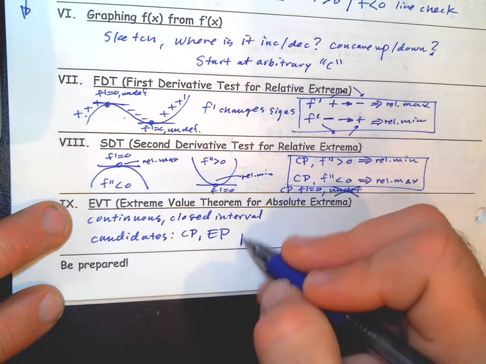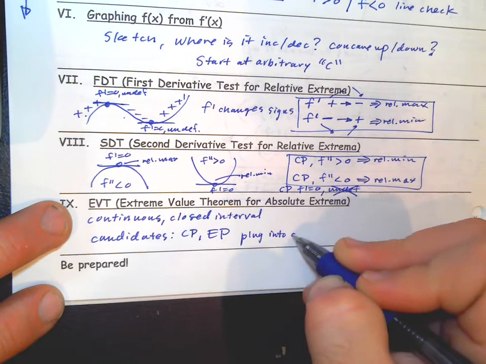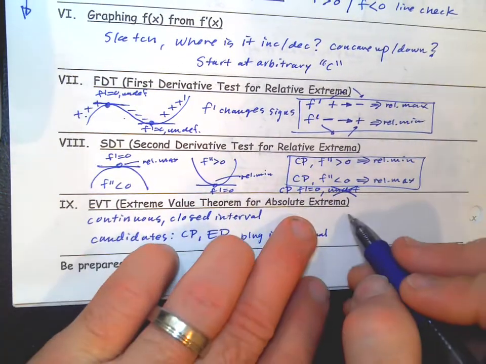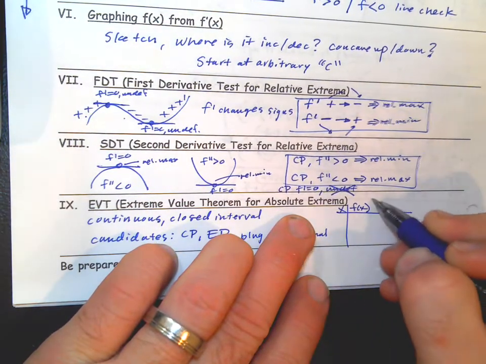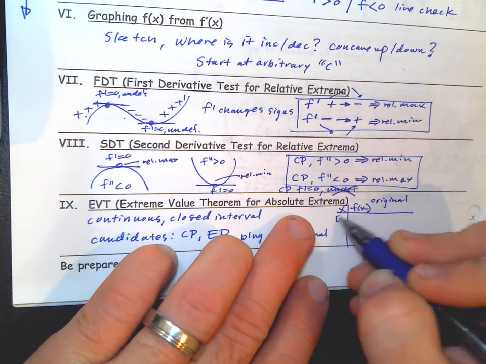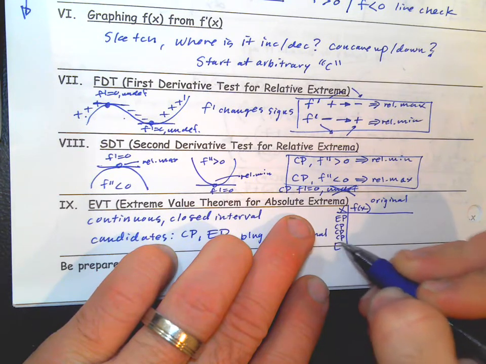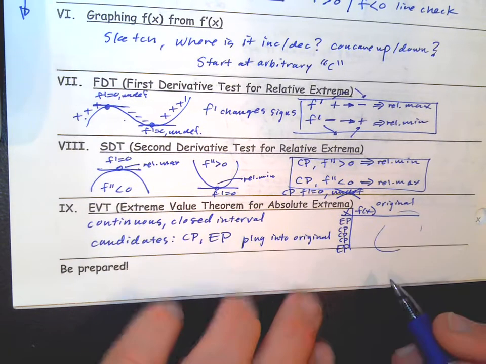And what we do is we just plug into the original to see what the values are. So we usually use a table and plug them back into the original. We plug in the endpoints and all the critical points that we find that are between the endpoints. And from there, we find the biggest and smallest value.